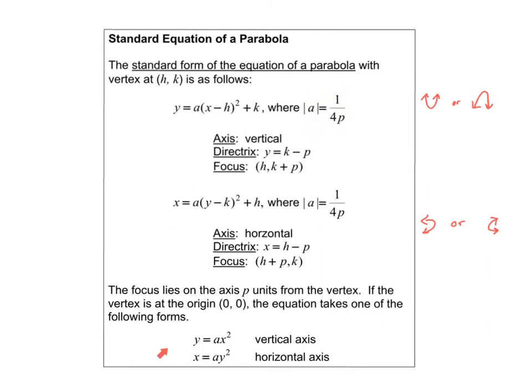Now if your parabola has its vertex at the origin, then you get this simplified version. We still have our number a, and our number a is going to come into play as we find our focus and our directrix, but we also know that the number a comes into play when I look at my standard pattern of change.